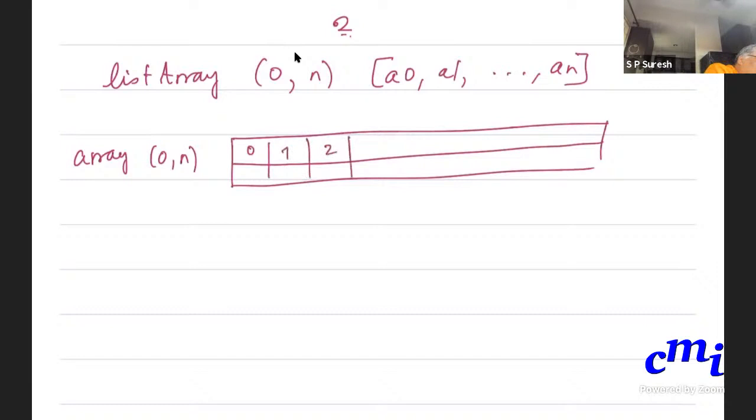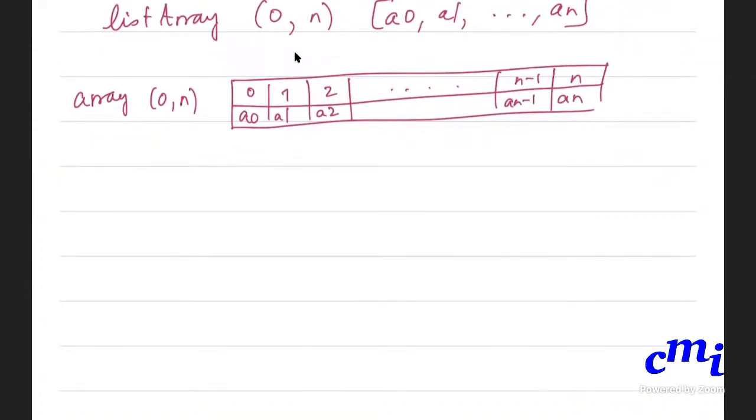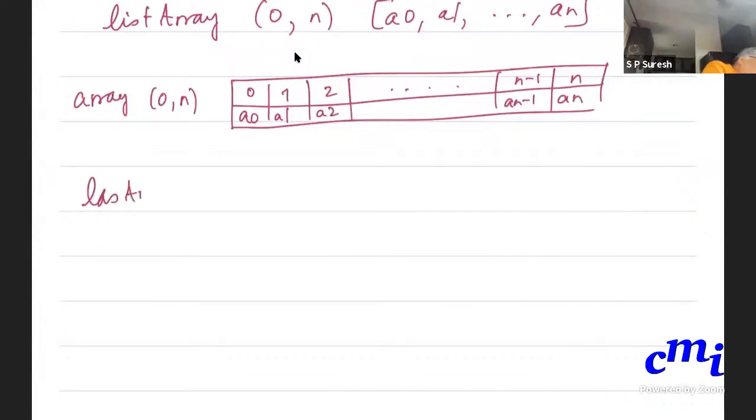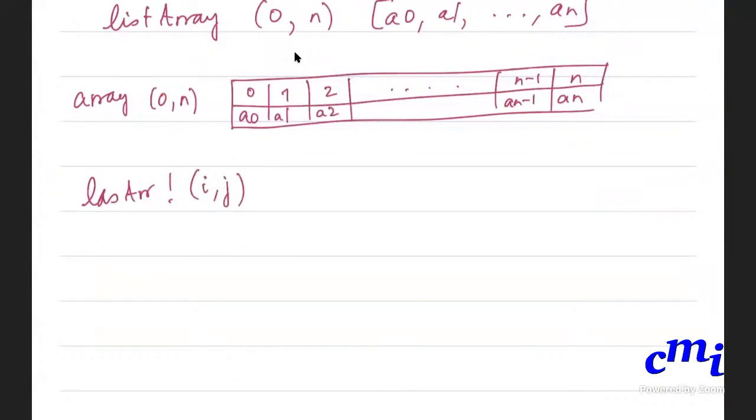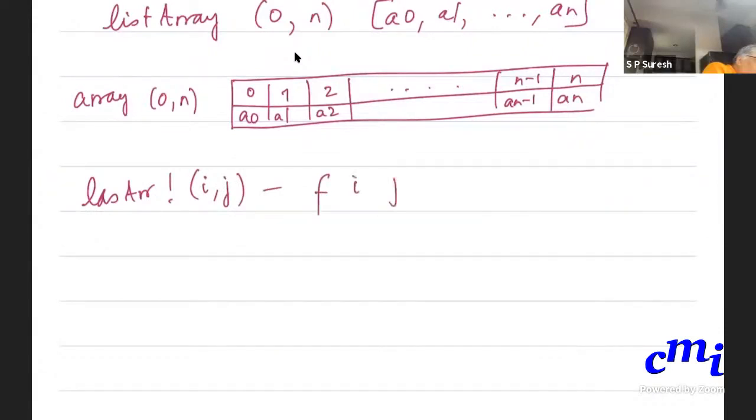These are index entries. And then it will be filling it in order, going from left to right. So now in our example, we want LAS array at ij to mean f of ij.